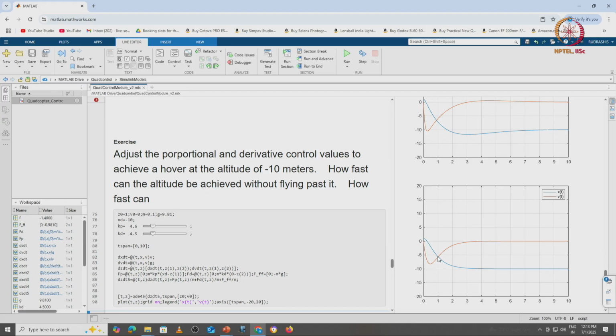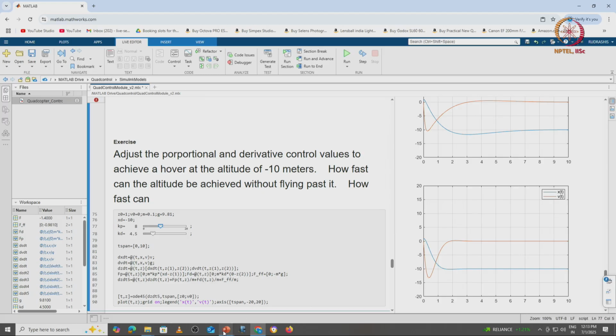Here it takes almost 3 seconds to settle. If you want it faster, you can increase the gain and see how quickly it responds. Okay, it reaches from the initial point to the final point in 1 second, that is fine with me. Then this is the gain I am going to take.